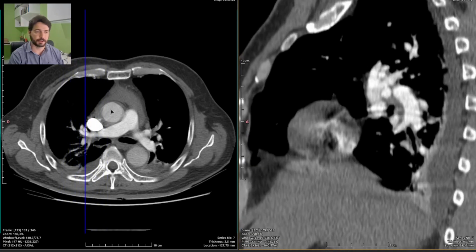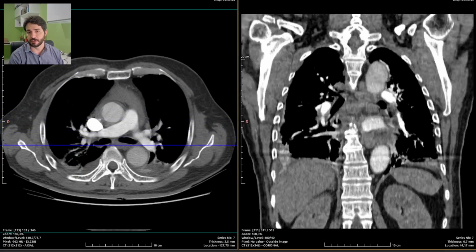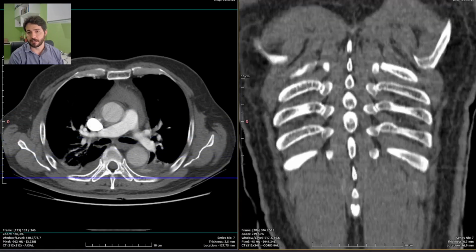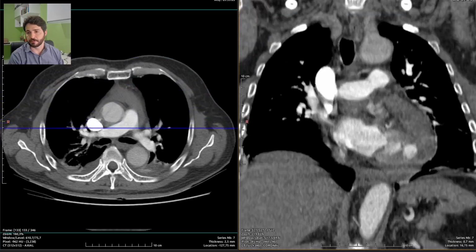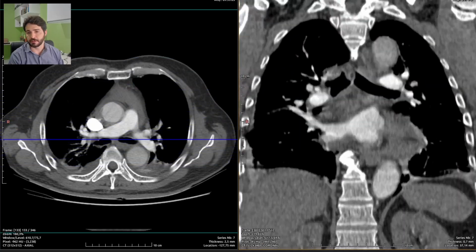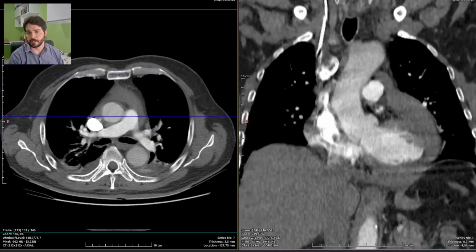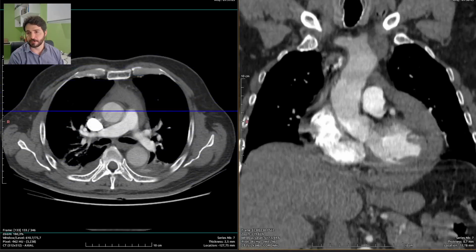So yep, sagittal doesn't help. Let's see coronal. I'm not really worried about coronal. And I know you guys must be screaming on your chairs and in front of your television and at the screen of your smartphone because you think I haven't noticed the massive pericardial effusion.